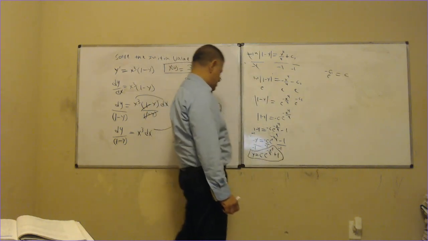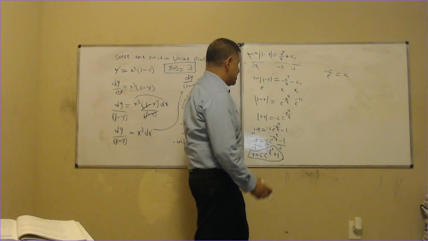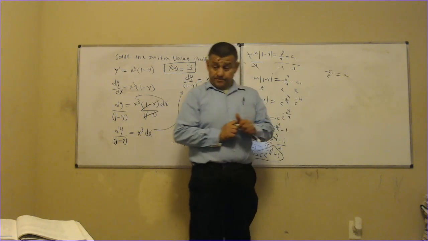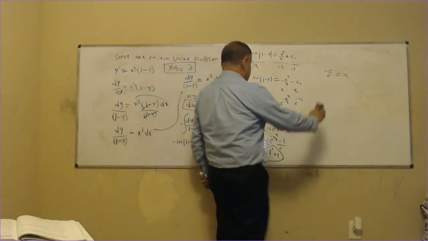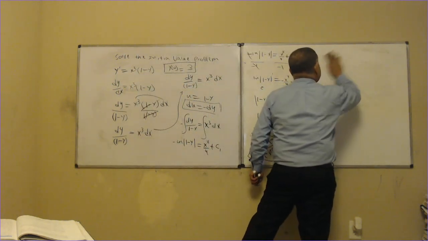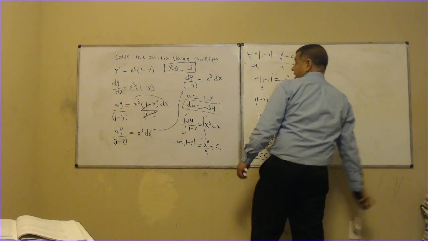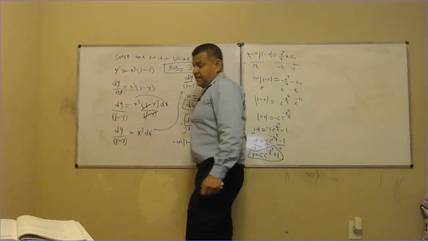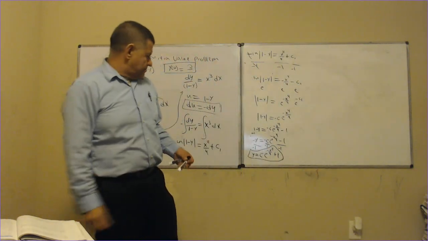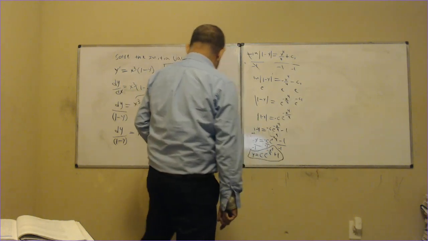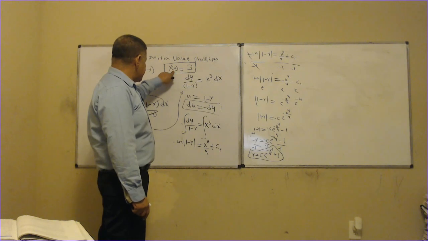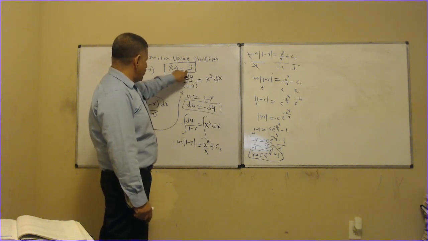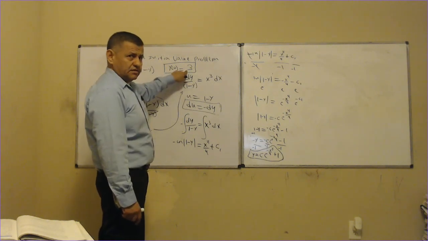Now, this is my expression that I will be using for solving my initial condition. Now, notice that it says that x equals 0, y is equal to 3. That's what it's telling me.